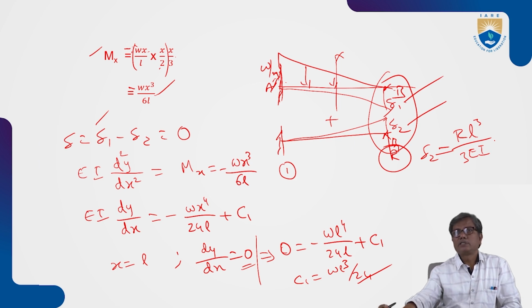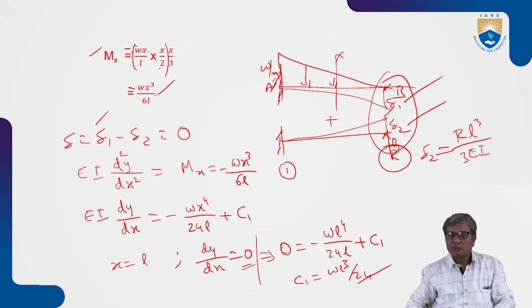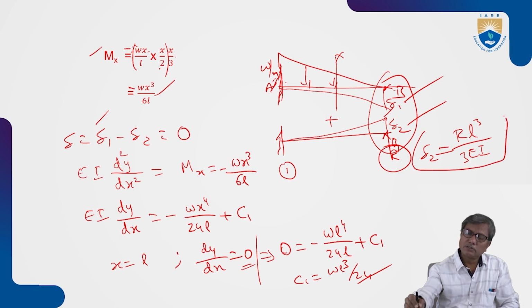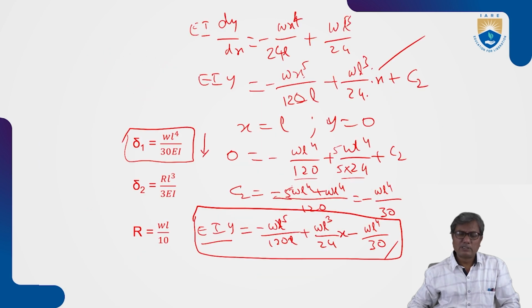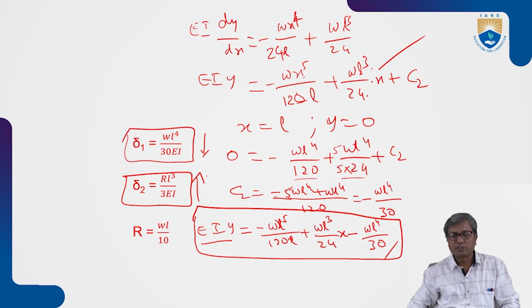So we need to remember these results, some basic load cases. We need to remember the results so that we don't again need to solve for that. Point load, UDL and all, we need to remember. So delta 2 is RL cube by 3EI, which is upwards.